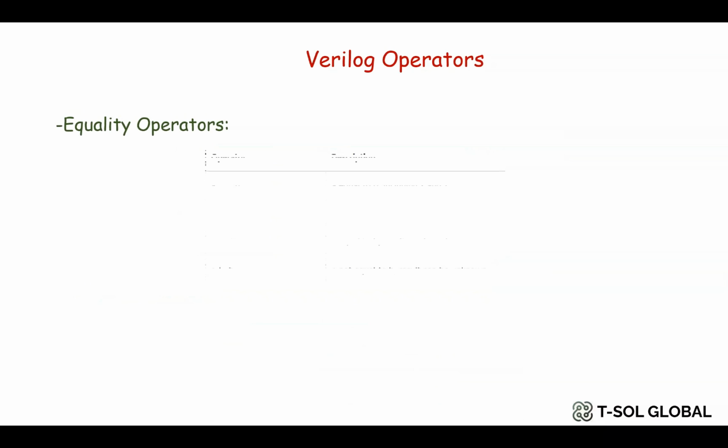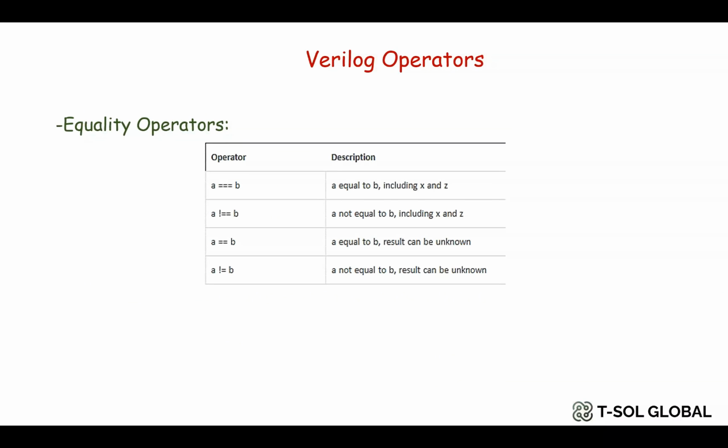Now moving on, we can also have equality operators like A is equal to B, or not equal to B. If we have two equals, then it tests logical equality.